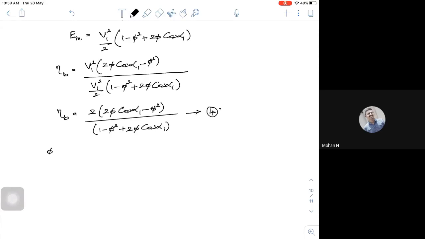Now we know the optimum value. Already we have seen that phi optimum, or phi max, is equal to cos alpha 1.